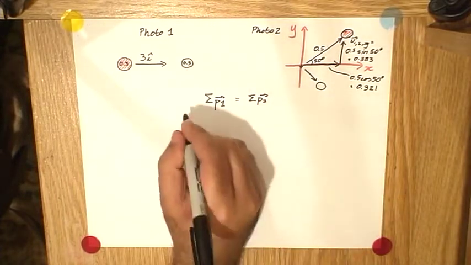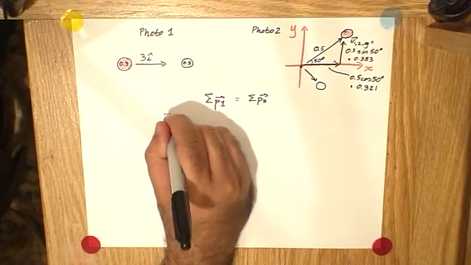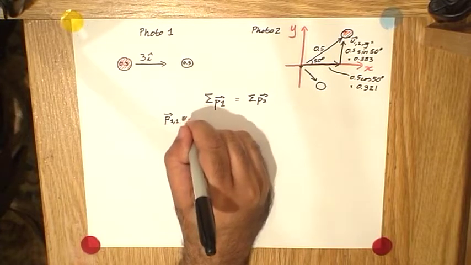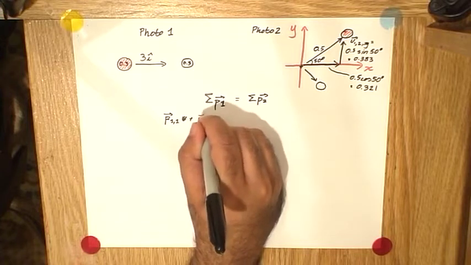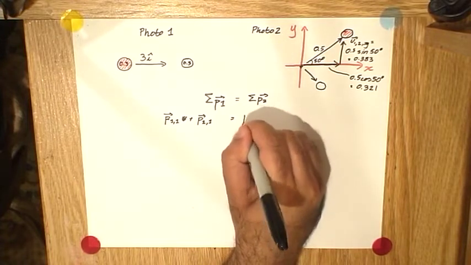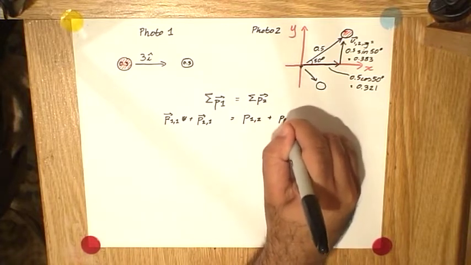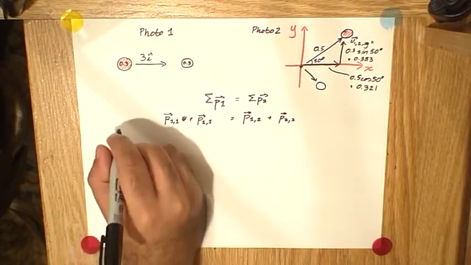Let's expand this out. The momentum of ball 1 in photo 1 plus the momentum of ball 2 in photo 1 is equal to the momentum of ball 1 in photo 2 plus the momentum of ball 2 in photo 2. Expand still further.